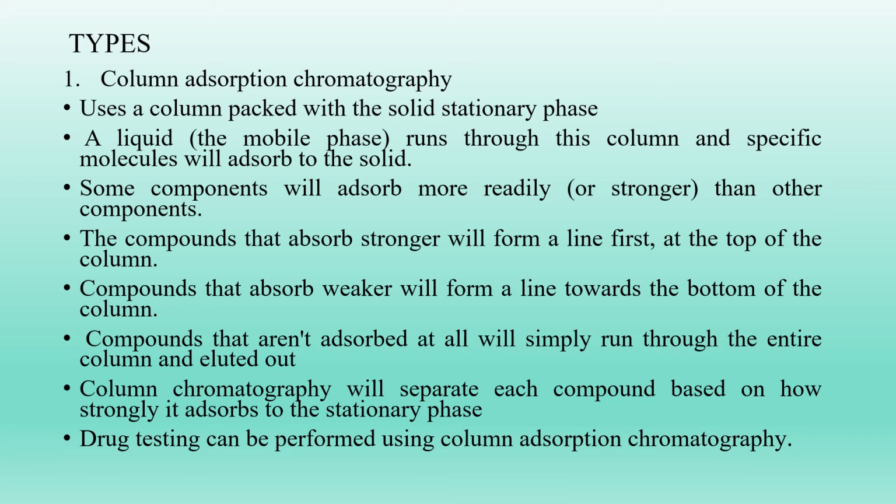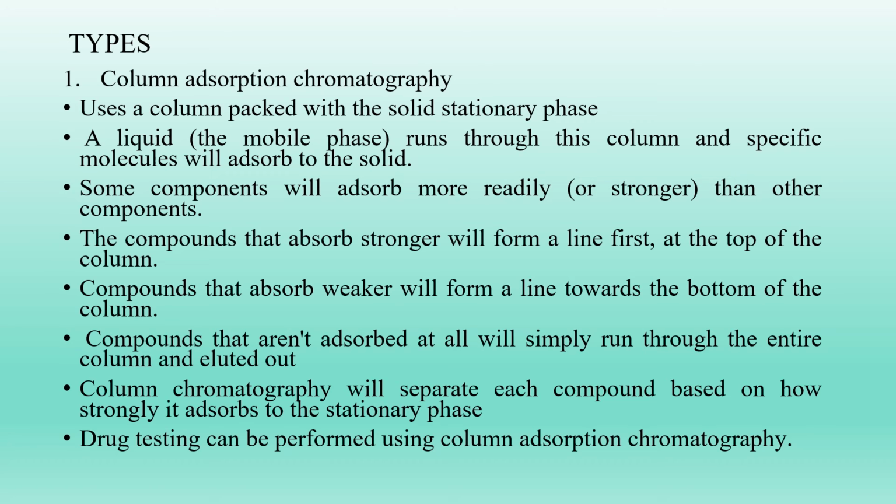The first type is the column adsorption chromatography. From the term itself, here we are using a column packed with the solid stationary phase, and a liquid, that is the mobile phase, will run through this column. Specific molecules will adsorb to the solid, and some components will adsorb more strongly than others.